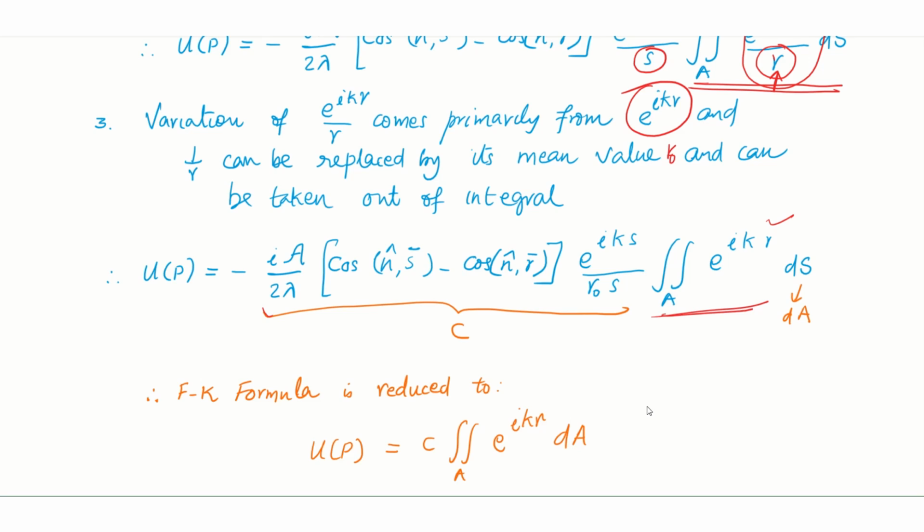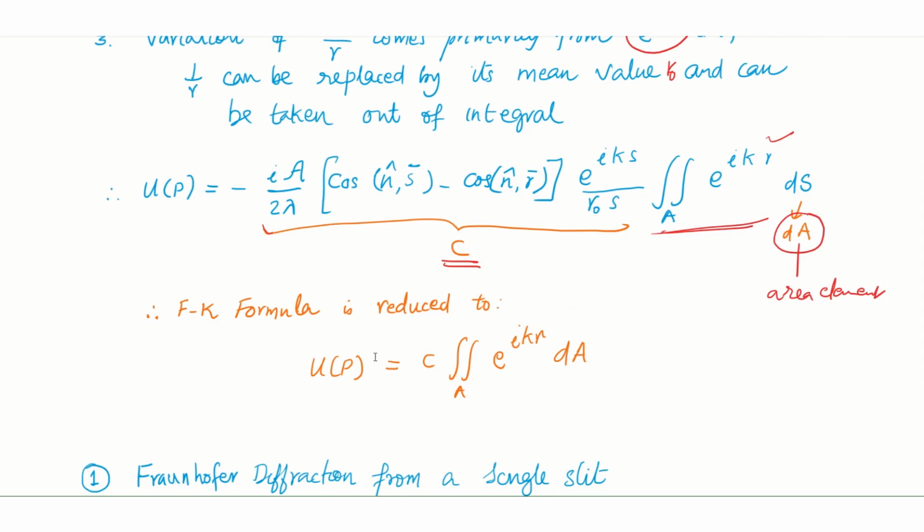And this dS here, as you remember, represents the area, or dA is the area element in the aperture. And therefore if you consider everything as a constant, then you replace it with the big constant C, and this is what you would get.